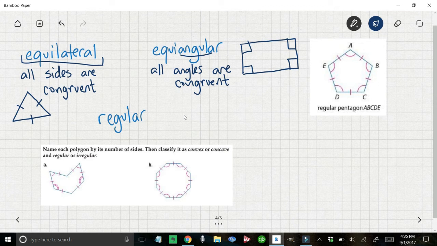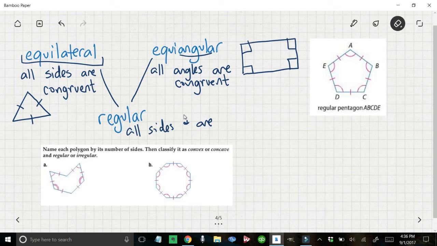And then the word regular basically just takes both of these things and puts them together. So regular would be all the sides and all the angles are congruent.